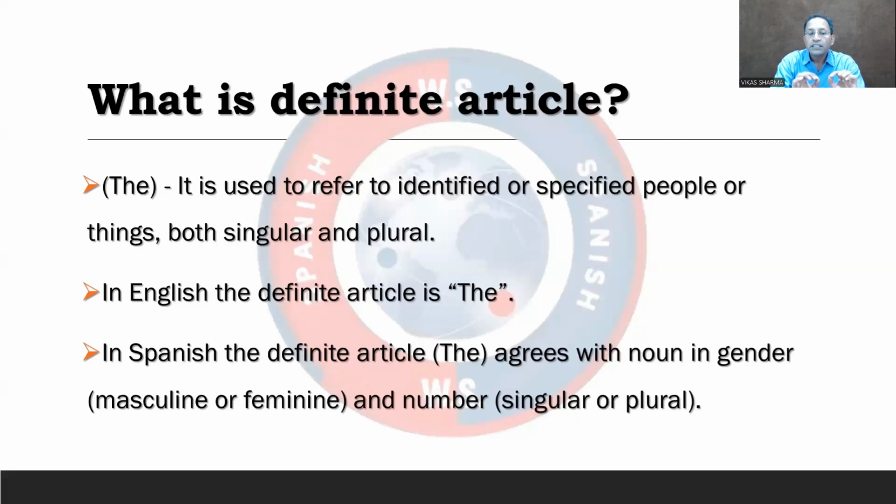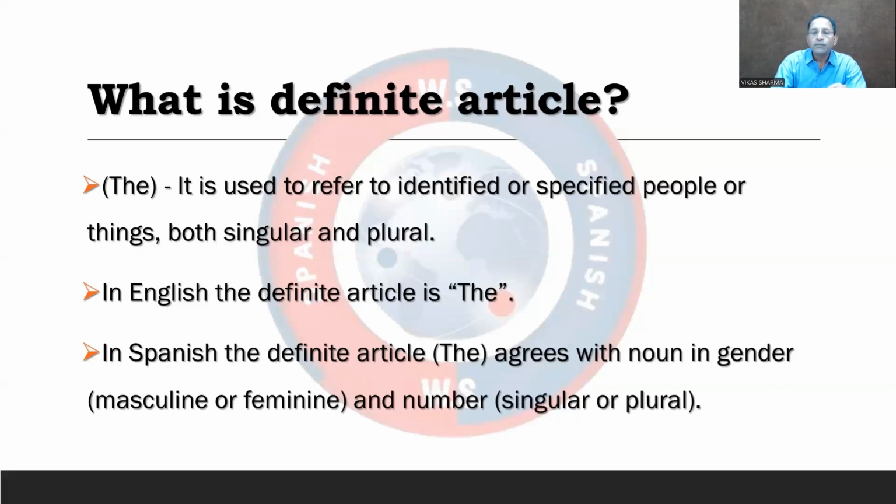But just remember, in Spanish, the definite article "the" agrees with the noun in gender and number. There are two genders, masculine and feminine. There are two numbers, singular and plural. So whatever definite article you use, it has to match the noun in gender and number.